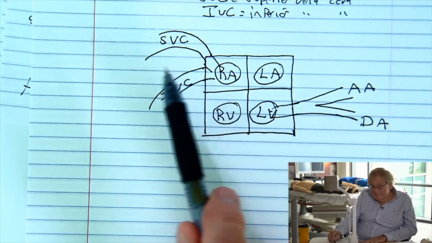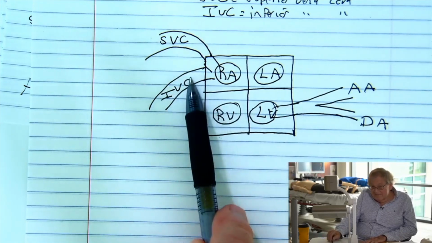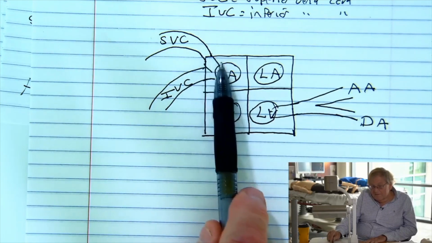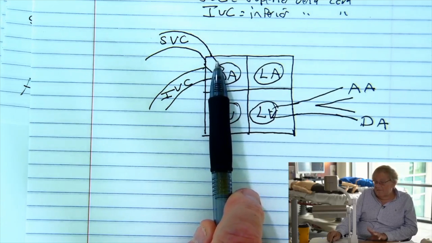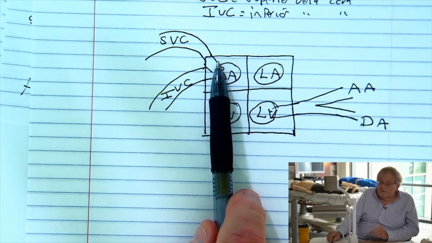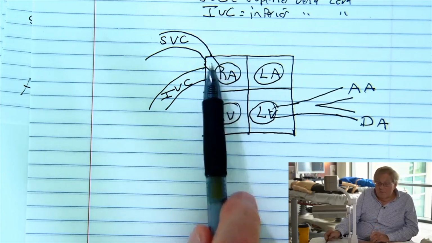But as these SVC and IVC pierce the heart and enter through the myocardium of the heart, they're cardiac muscle. And that will be significant when we start learning about a myocardial infarction or cardiomyopathy or cardiomegaly. Same thing over here.